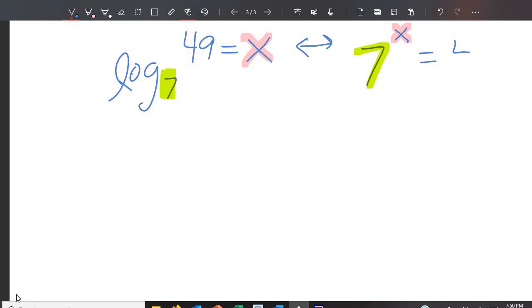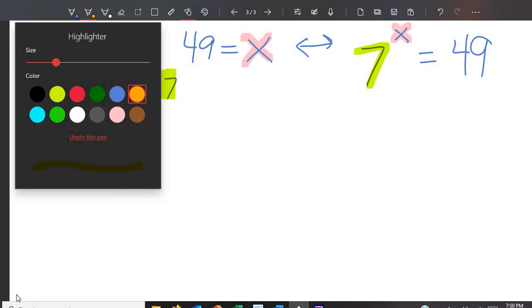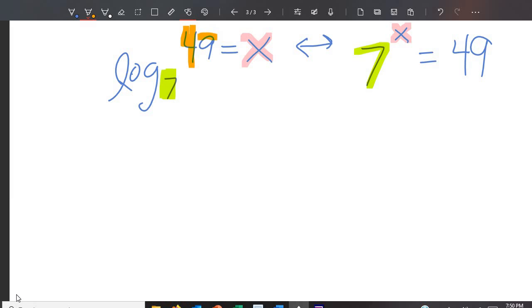And the answer is 49. So it kind of makes a little circle. You start here, the base, that's the exponent, that's the answer. Base, exponent, answer.